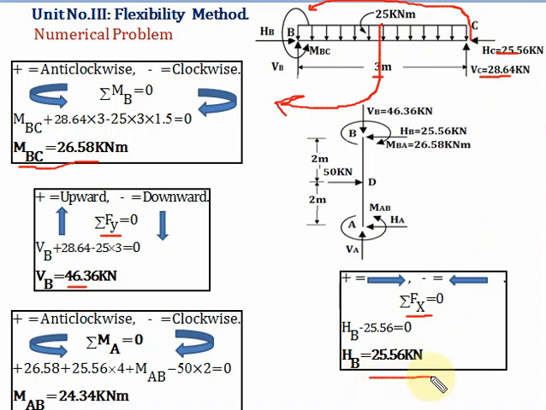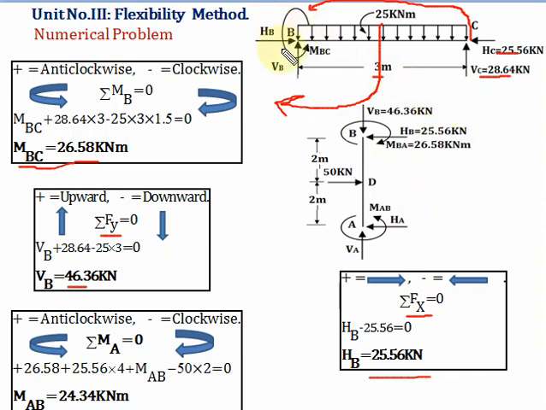Now we'll consider the next member, that is BA, and draw the free body diagram. Here HB is acting towards the right for member BC, so at B it will act towards the left for BA; it should be equal and opposite. The vertical reaction at B for member BC is acting upward, and for member BA it will act downward, equal and opposite.